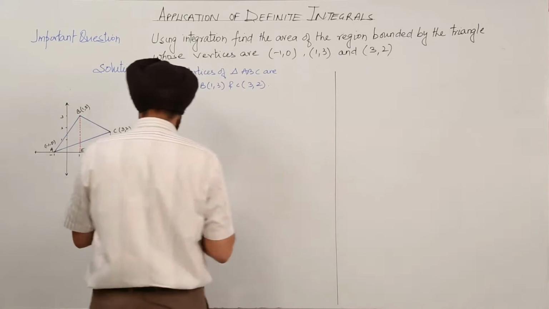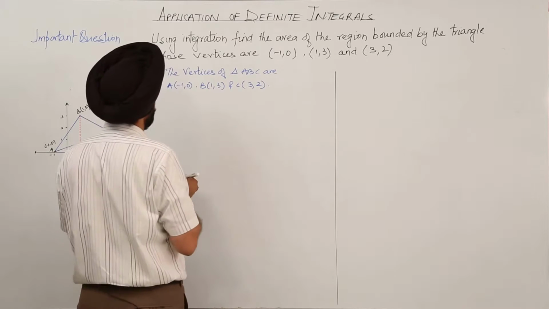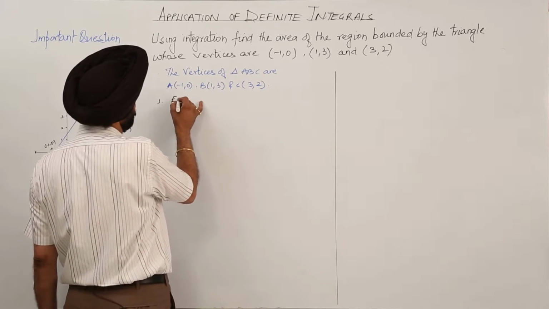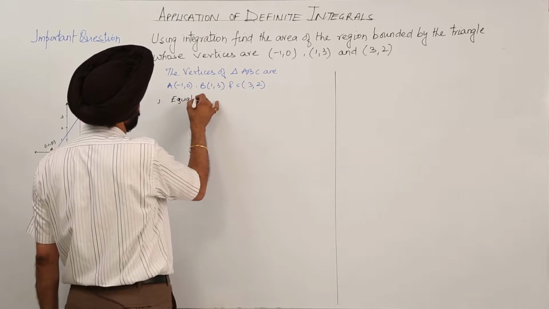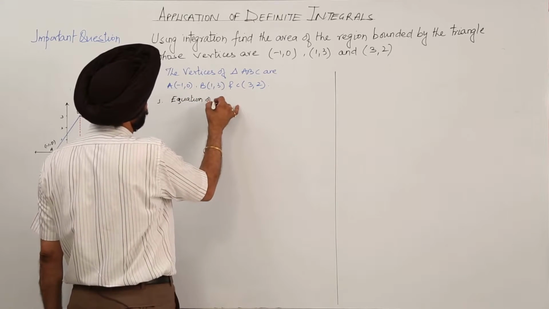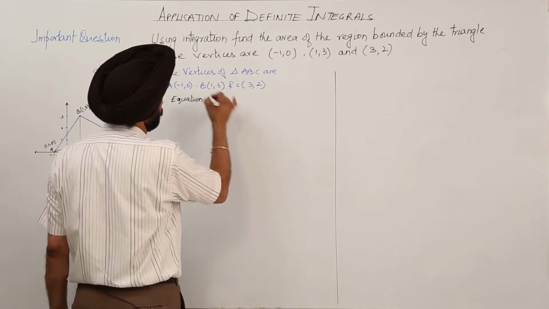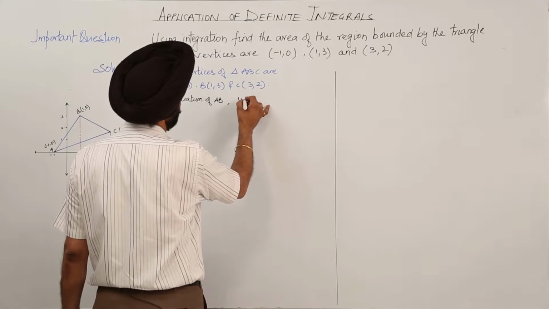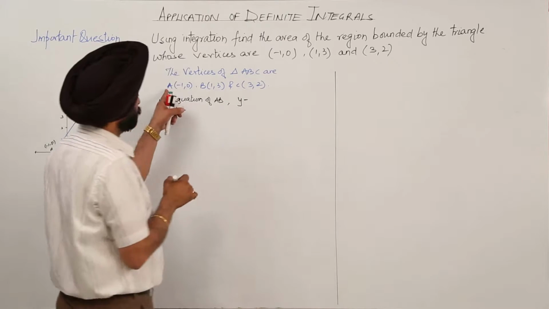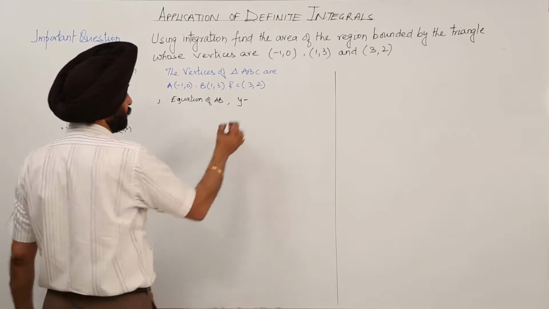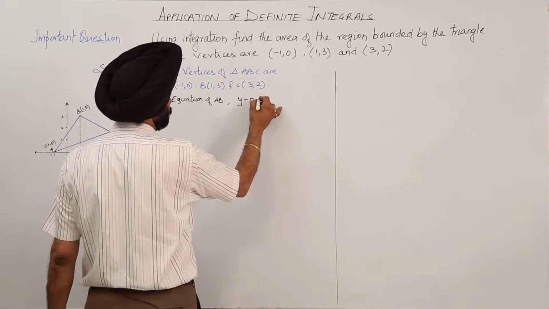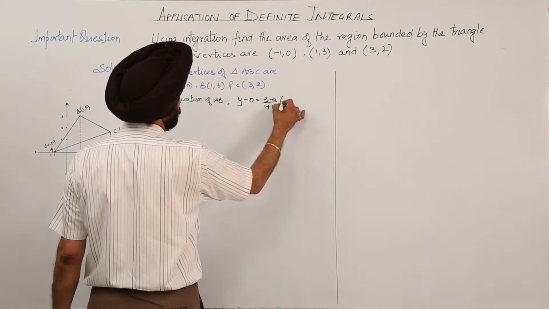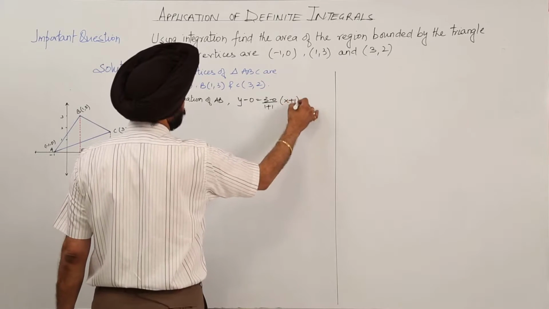Now equation of AB. We are taking two point coordinates A and B. y minus 0 is equal to (3 minus 0) upon (1 plus 1) times (x plus 1).